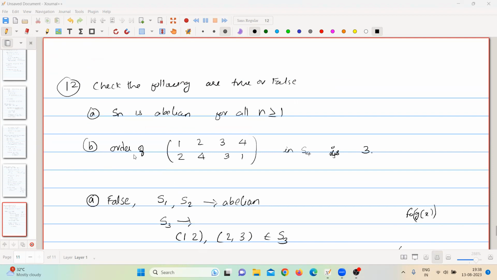The second one is: the order of this permutation in S4 is 3. Is this true or false? By directly checking the permutation, you will be able to say whether the order is 3 or not, because it contains just one cycle.